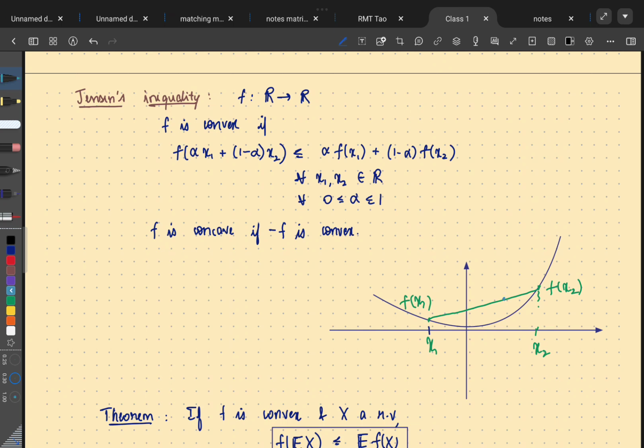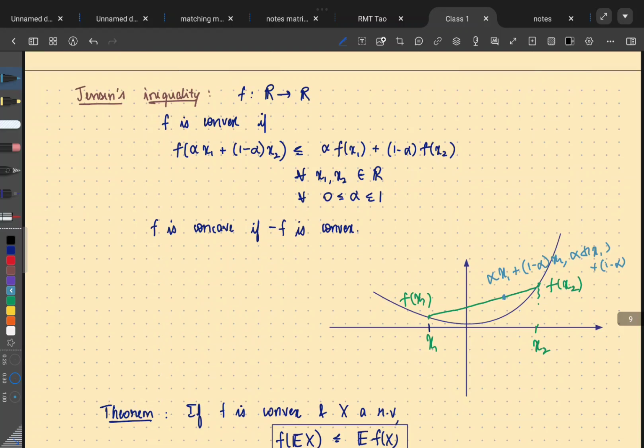If I take this particular point, this can be written as, or the y value is basically, alpha. So this point essentially corresponds to (alpha x1 plus (1 minus alpha) x2, alpha f of x1 plus (1 minus alpha) f of x2).